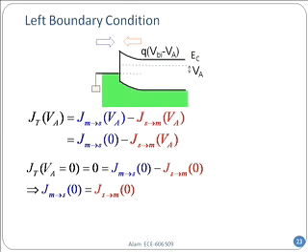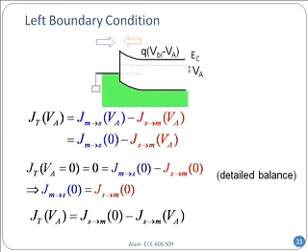So that's what we have, and so I'm almost done. So this is detailed balance, and so what I have here, now you can see the metal to semiconductor current at bias 0, I could replace it with semiconductor to metal at bias 0. And so all I have to do is to calculate the current from semiconductor to metal at various biases, and I don't really care about the metal because I have already thrown that away.